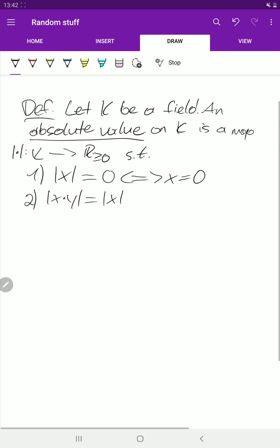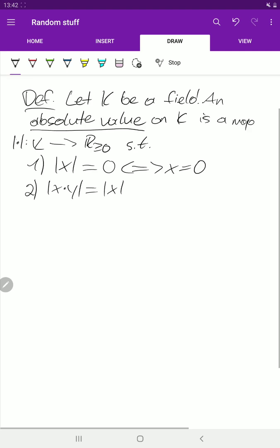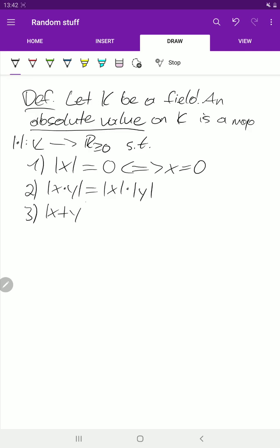So it's a group homomorphism from the invertible elements of K to the positive reals. And then furthermore, we want it to satisfy the triangle inequality.